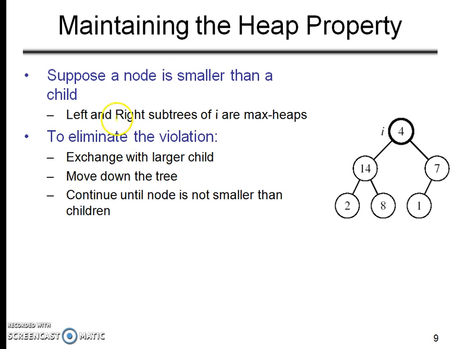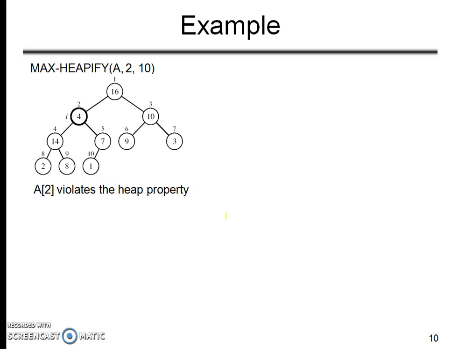Maintaining the heap property: every time a root node is deleted, compare it with its larger child, exchange it, and then move down the tree. Continue this until the node is not smaller than its children. So here is an example. We have 14 which is smaller than its larger child node, so there has to be an exchange with this.